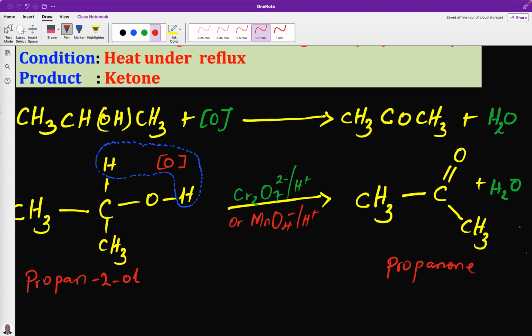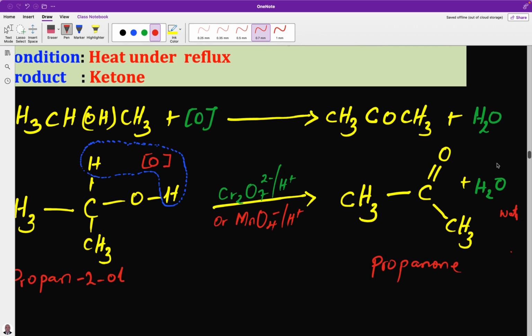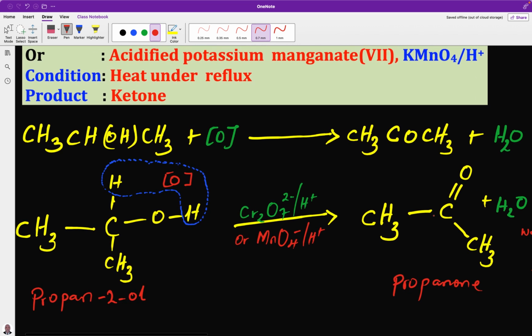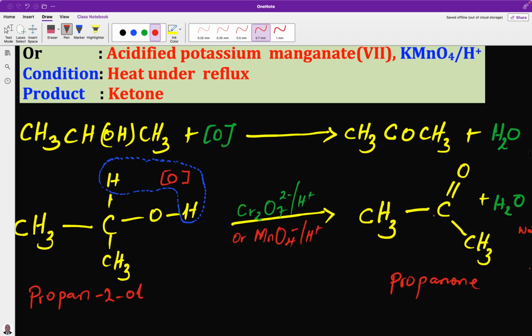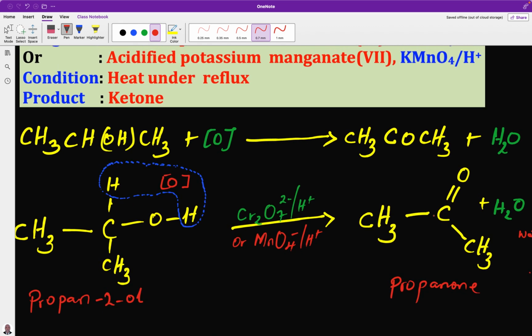This water here. So you can see how the oxidation process is taking place to produce our final product.